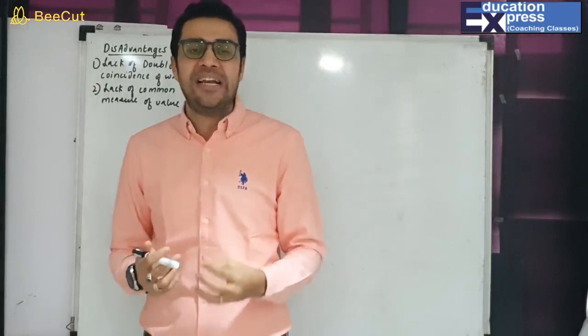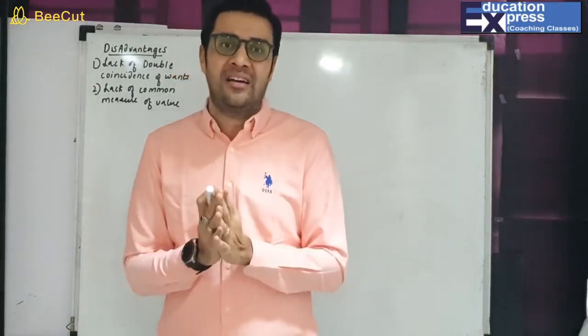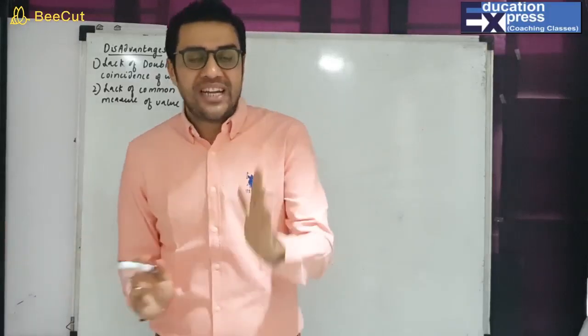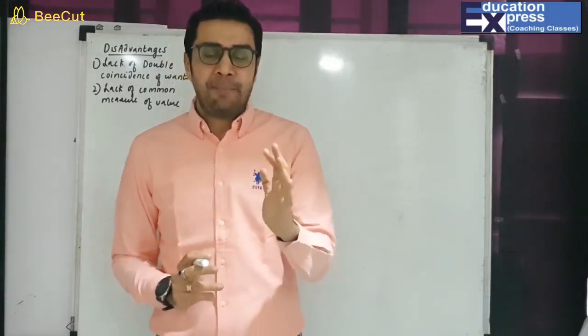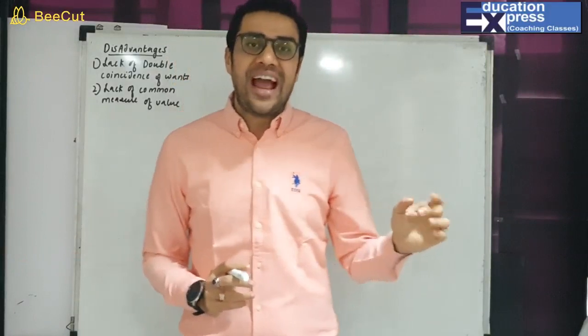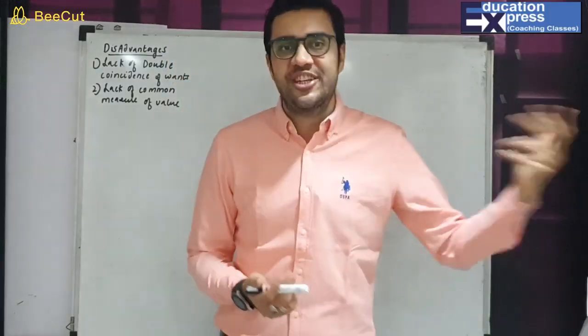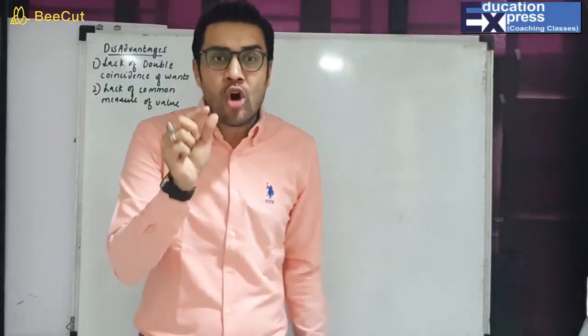So it entirely depended upon intensity of the demand, intensity of the want. खाली उसके ऊपर ही depend करता था. So that is why one party would always be at a disadvantaged position and one party would always be at an advantageous position. Because you're not getting a common measure.